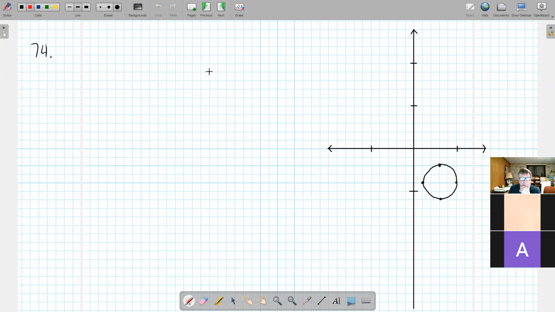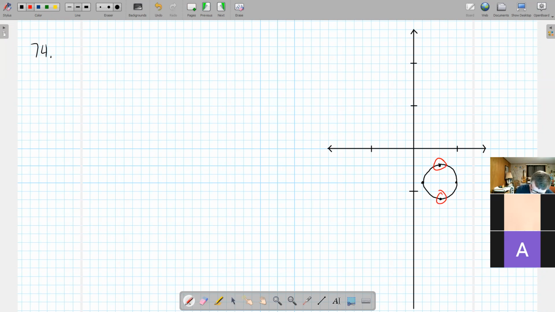Good. How about this one? Is this a function? A circle? Well, my feeble attempt at a circle. I drew this thing about 8 times, and this was the best I could do. Oh, well. Okay, so this is not a function. So let's see, how about we use these 2 points to show that it's not a function.